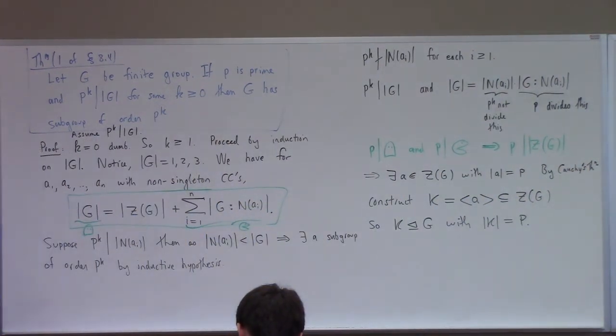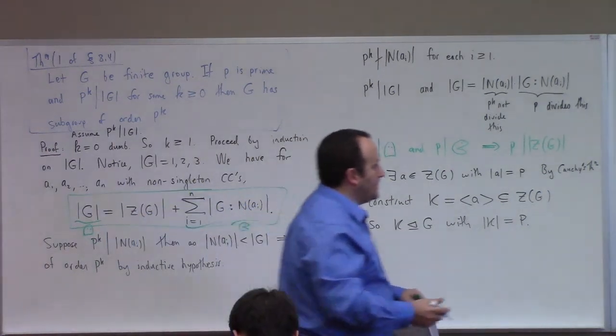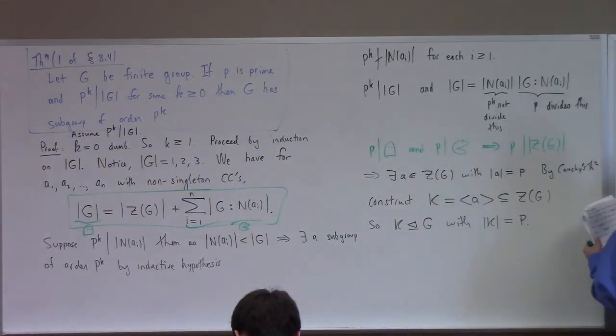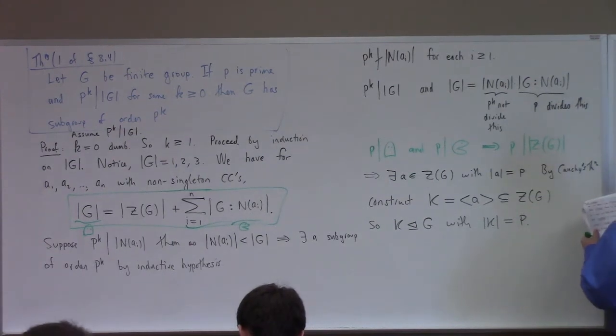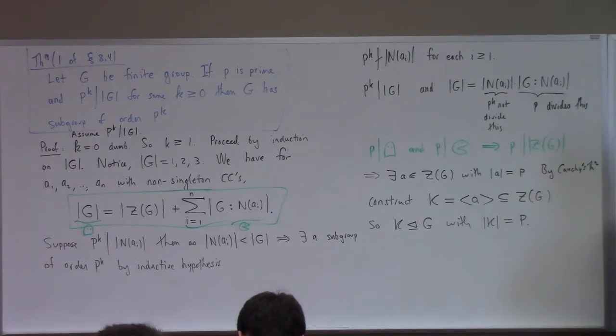Then what? So you get a normal subgroup, so you can look at the quotient, right? So consider G mod K, the factor group of G by K. That has order what? That has order the order of G over the order of K, which is what?